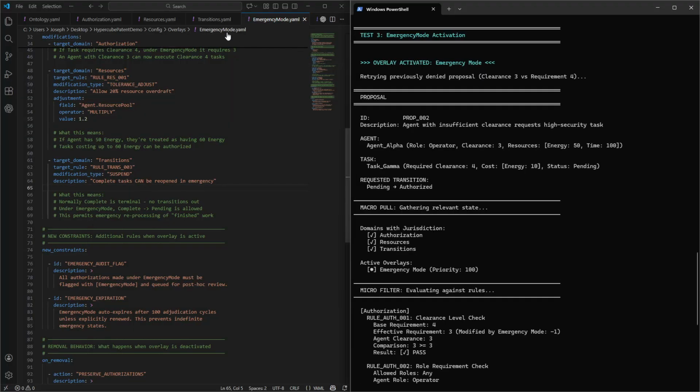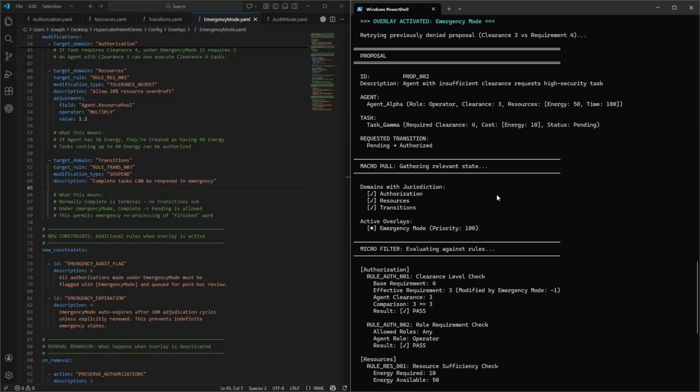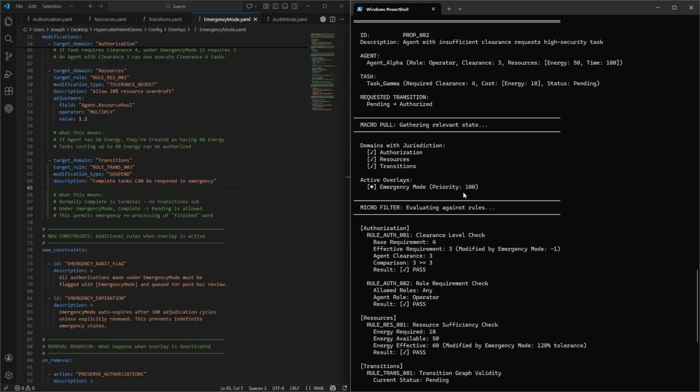Test 3. Emergency mode activation. Emergency mode is now active, and now we will retry the denied proposal. Agent clearance 3, task requires 4. Macro pull now includes active overlays.